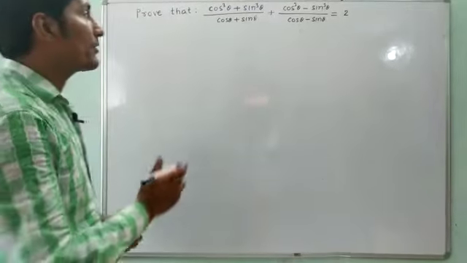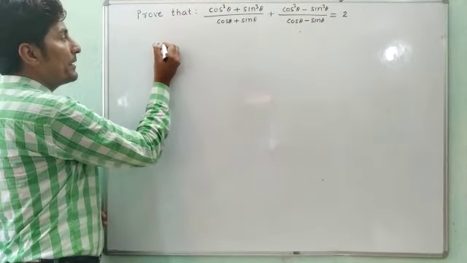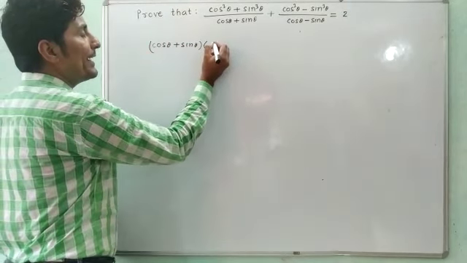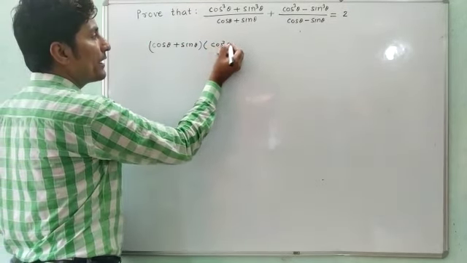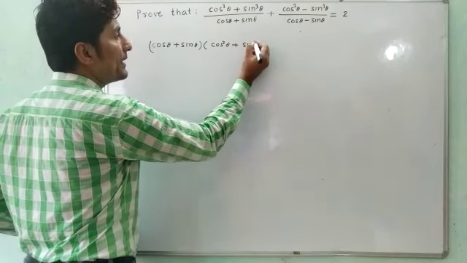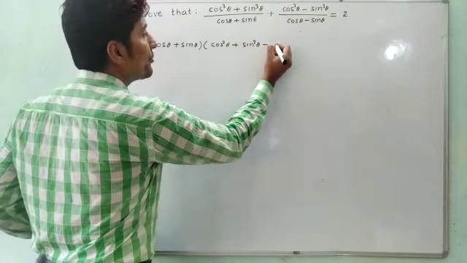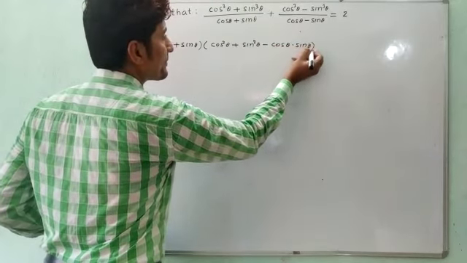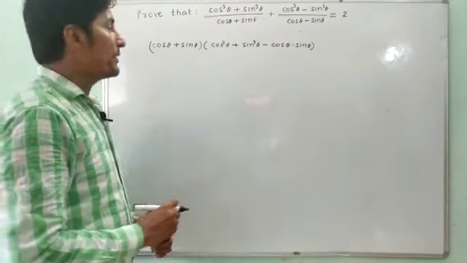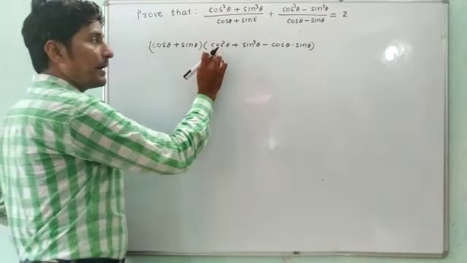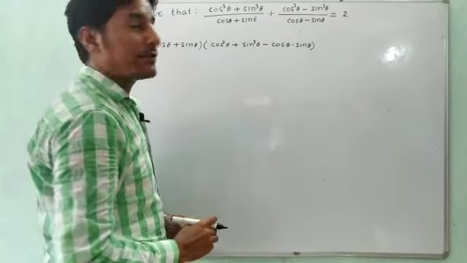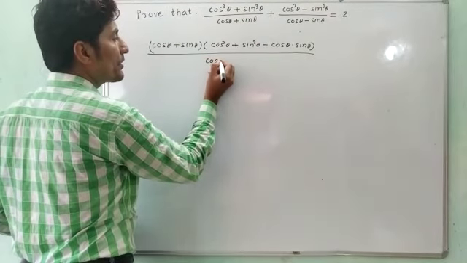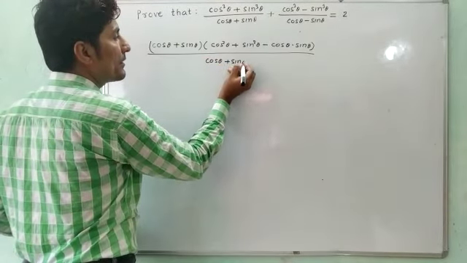A cube plus b cube is always equals to a plus b, means cos theta plus sin theta under bracket, then a square means cos square theta plus b square means sin square theta minus a into b means cos theta into sin theta. So a cube plus b cube is equals to a plus b multiplied by a square plus b square minus a into b. Now whole is divided by cos theta plus sin theta.